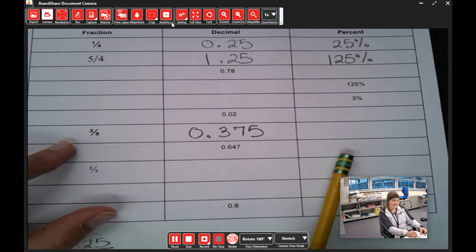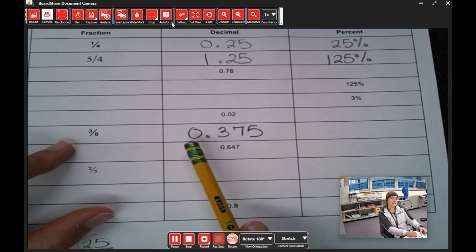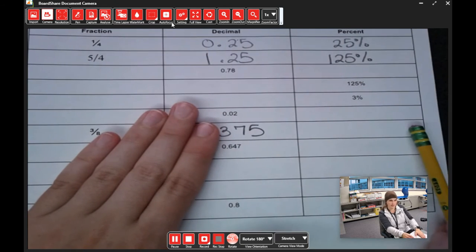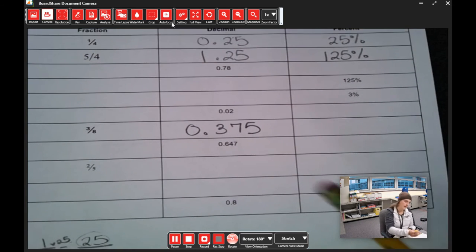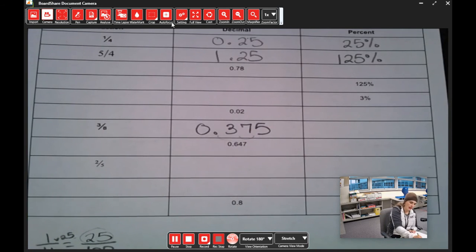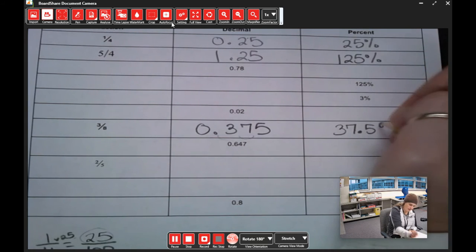This is out of 1,000, not out of 100. So to get from a decimal to a percent, you can't just take those numbers and call it a day. You need to multiply times 100. Just going to shift my place value 2 places. And I get 37.5%.